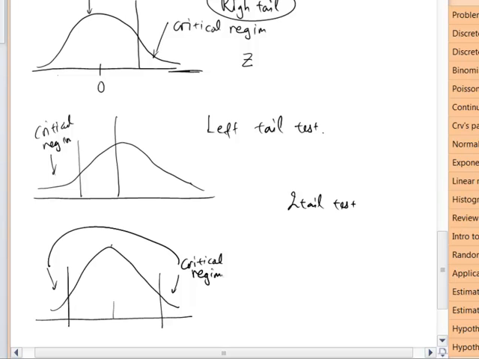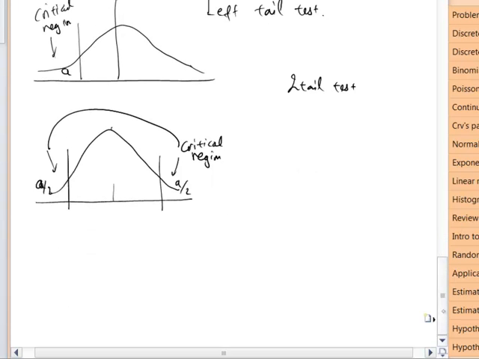Now, if the significance level is alpha, this area is equal to alpha here. Again, all the critical region is equal to alpha. But as you know, in the case of two-tail tests, the critical regions are two, one on the left, one on the right, and each one of them is equal to alpha over 2. So the total area is equal to alpha.